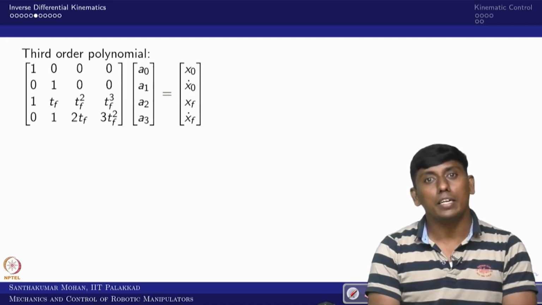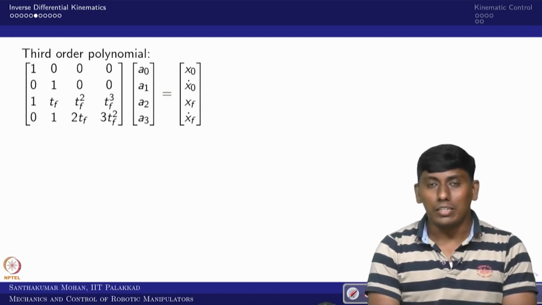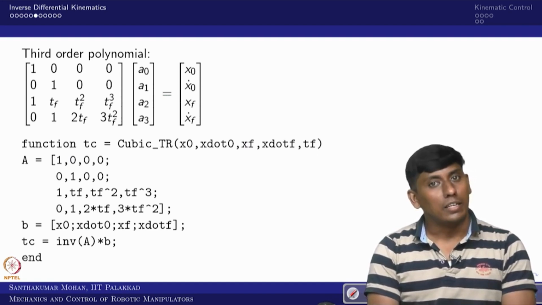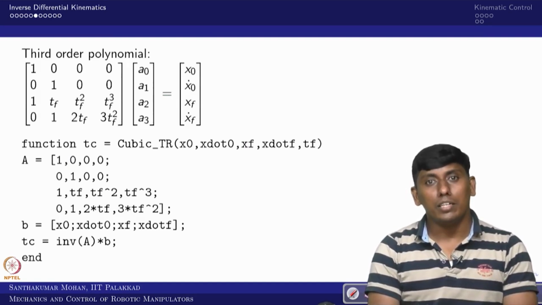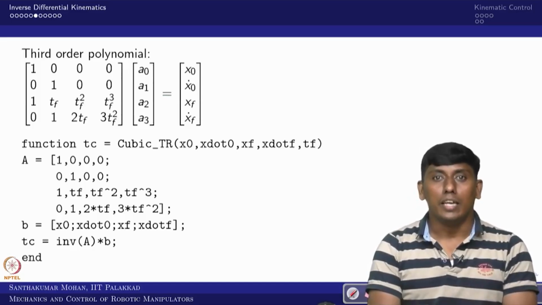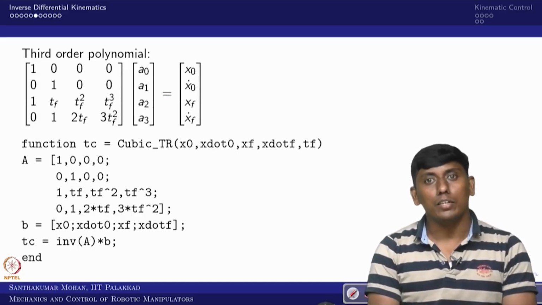So x of t I can derive based on this third order polynomial. I can find the trajectory coefficients Tc for given input x naught, x dot naught, then xf, x dot of f, and Tf is given. Once I found the trajectory coefficients, I can go with x of t. So that is what we are trying to do here.